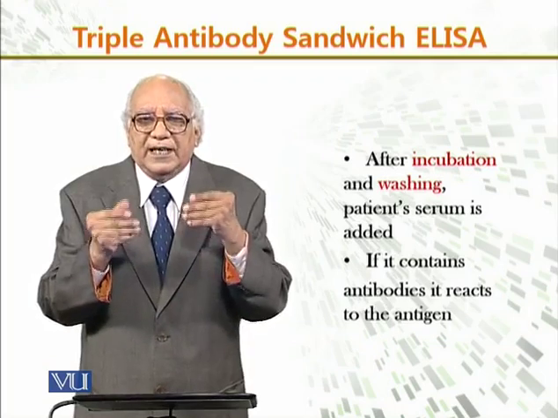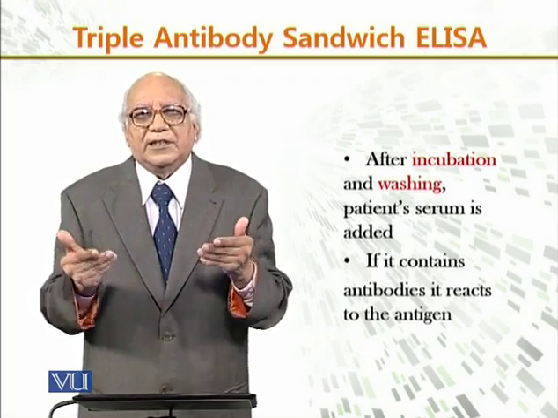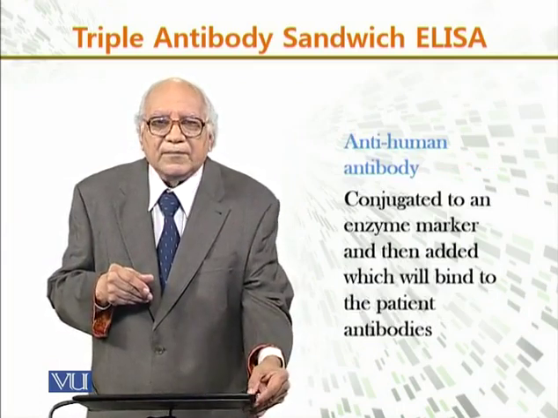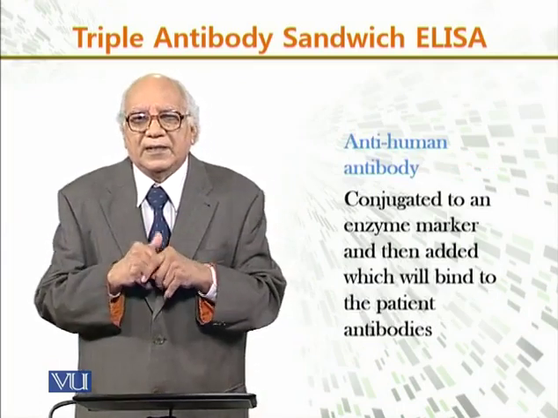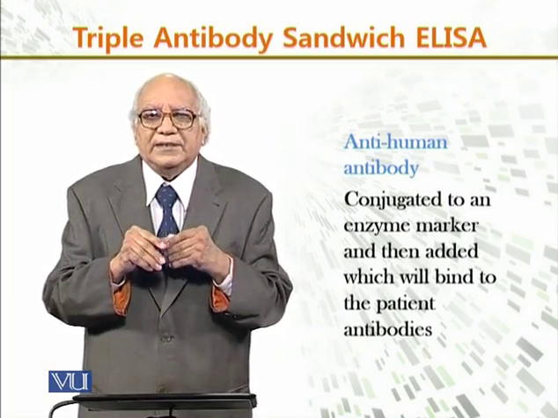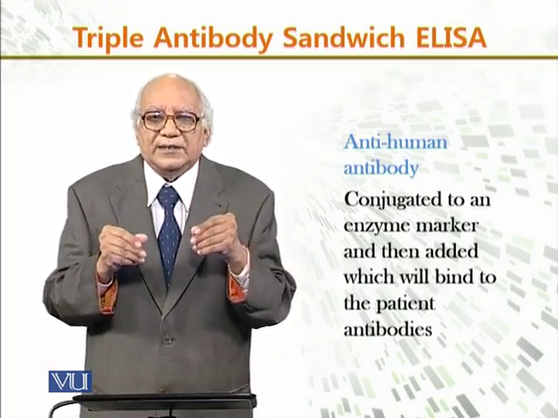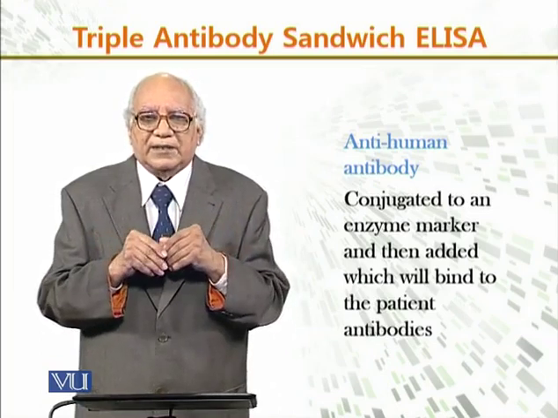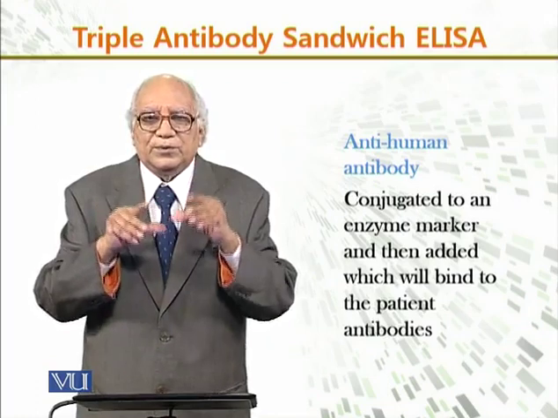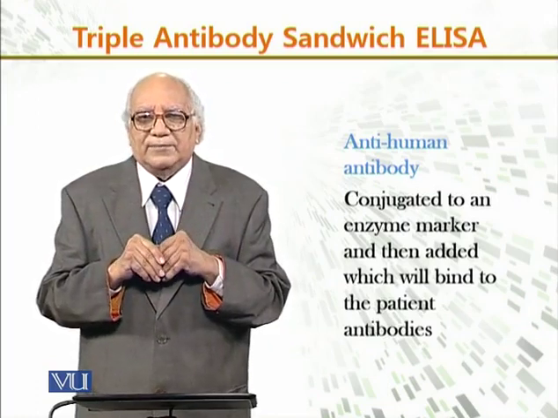If it contains the antibody, naturally it will react with the antigen. And anti-human antibody that is conjugated to an enzyme marker is then added, which will bind to the patient antibody.